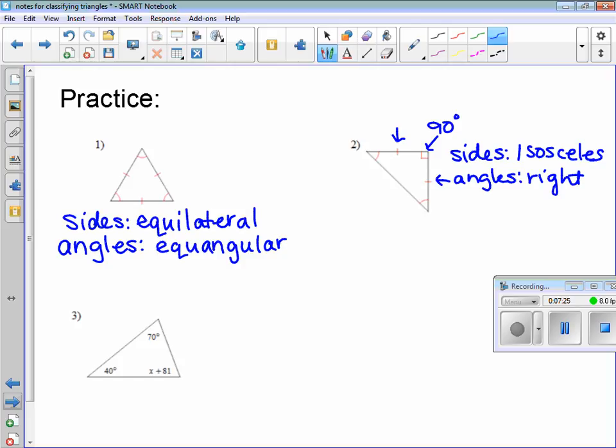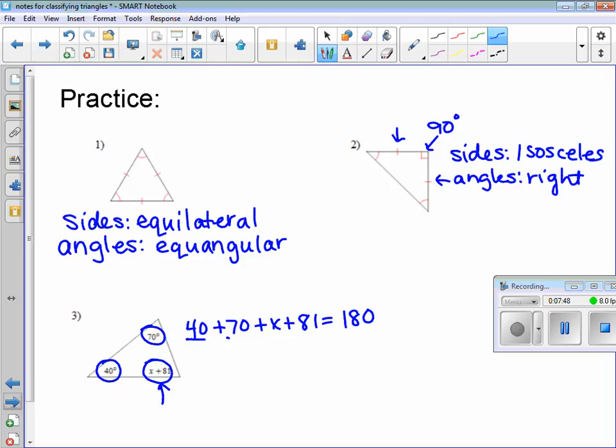Question number 3 is like the question that we did on the previous page. We're only given the angles. This one, they didn't give us the measurement of it, so this is where we have to take all 3 angles and add them up and set them equal to 180.